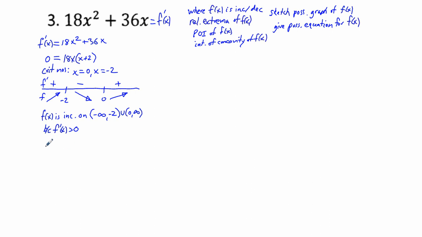Next, f of x is decreasing on our remaining interval, -2 to 0, because f prime of x is less than 0.